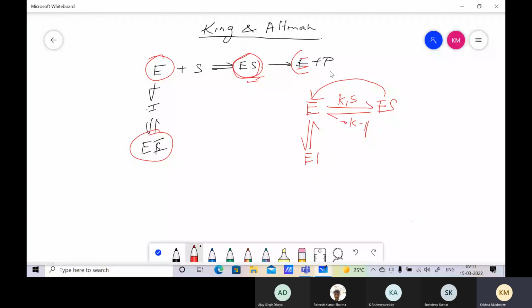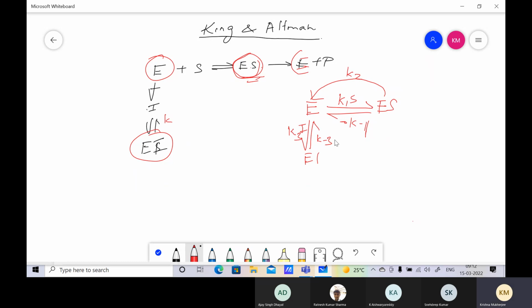K minus 1. This is K2. Notice that it is just K2. And this is of course EI, forward is K3I, let us call it 3 or whatever you want to call it, and the reverse is K minus 3.